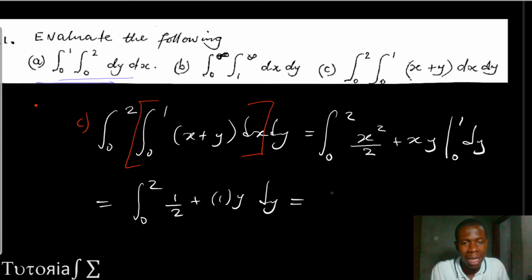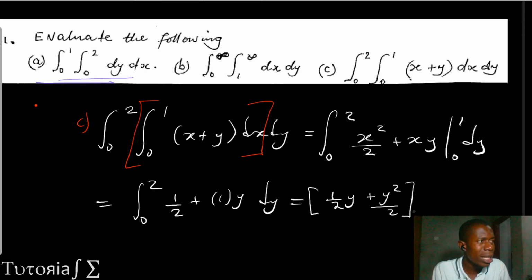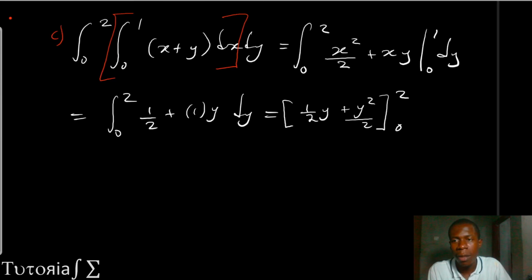So integrating this again, this will be half y, then this will be y squared over 2, and now you're plugging in those limits from 0 to 2, and from here it's just plugging in.